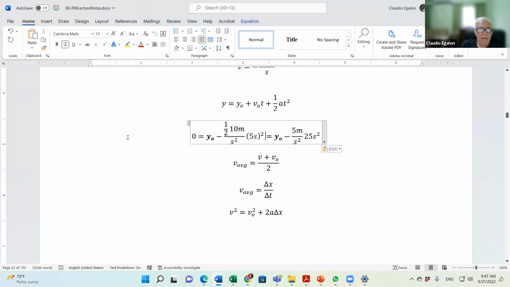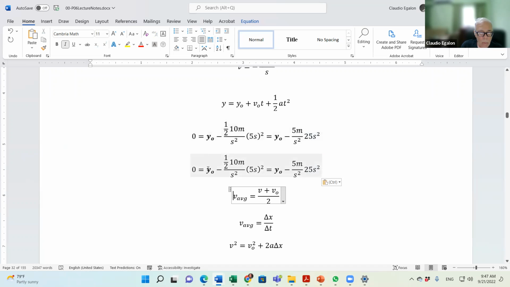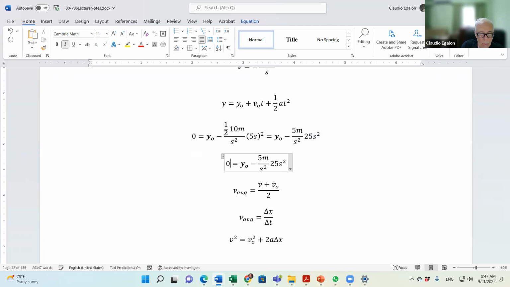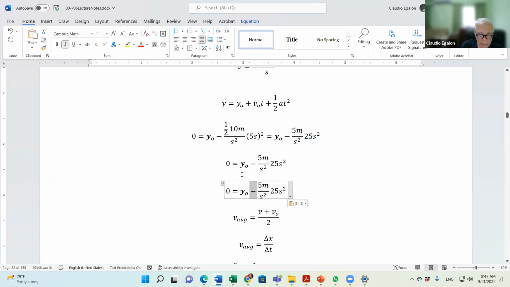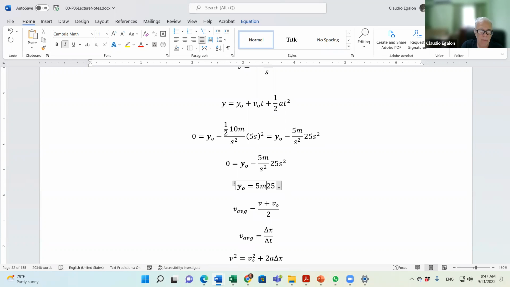And then we get this equation right here, that can be written as y naught equal to that. The second squared cancels out with the second squared. We have 5 meters here. And then what do we get for that?